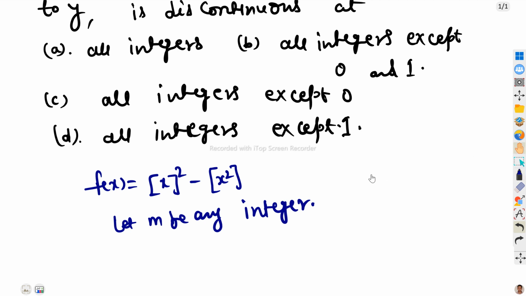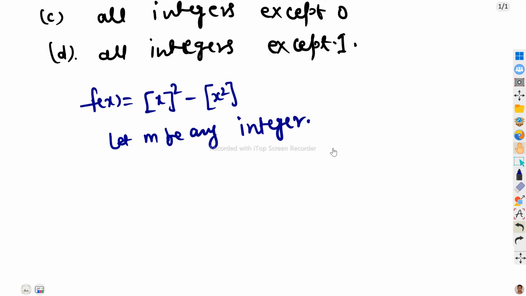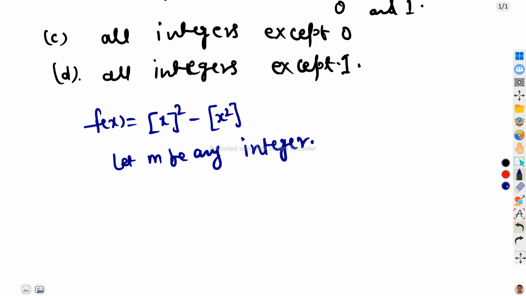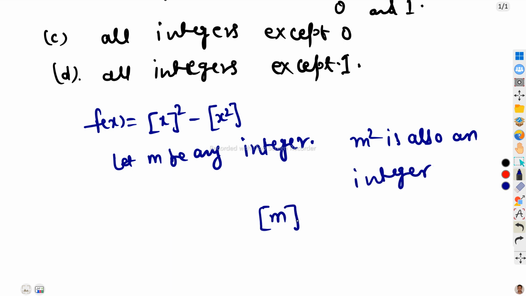We know that for any integer m, m square is also an integer. Again, for any integer the value of the greatest integer function is the same integer. So this is m square, and this is also m square.